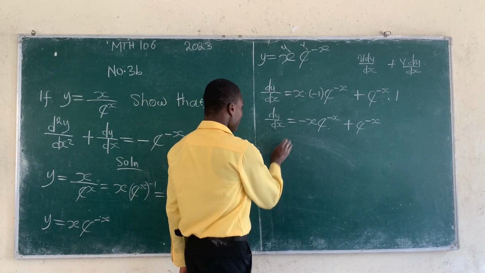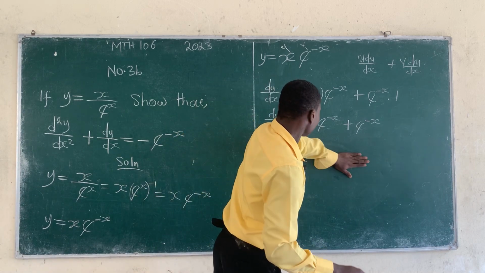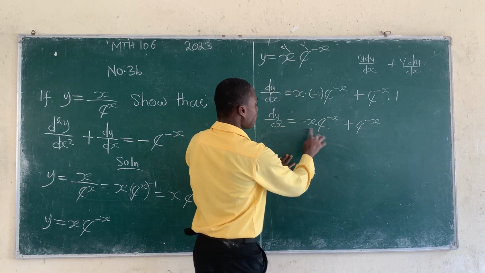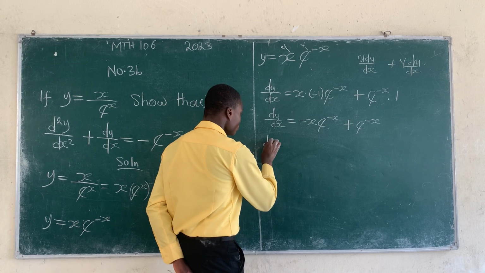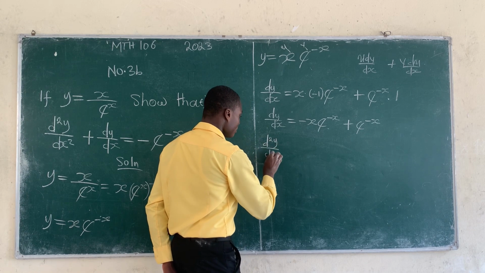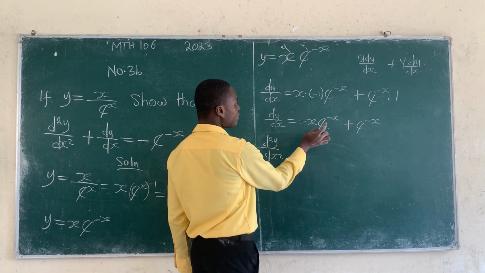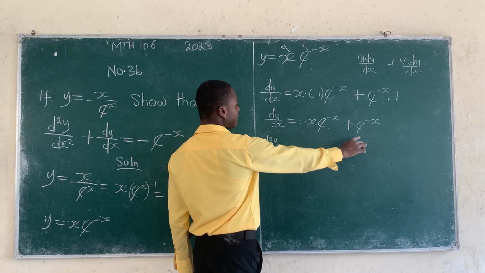How can we differentiate that? Because these two are multiplying, we still need to use the product rule and then just differentiate this other one.